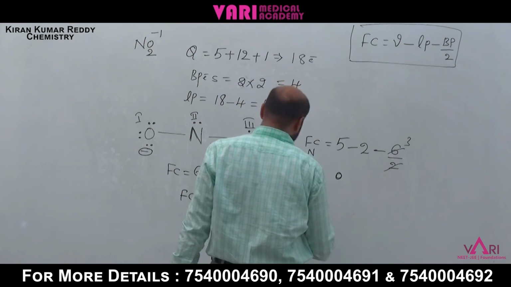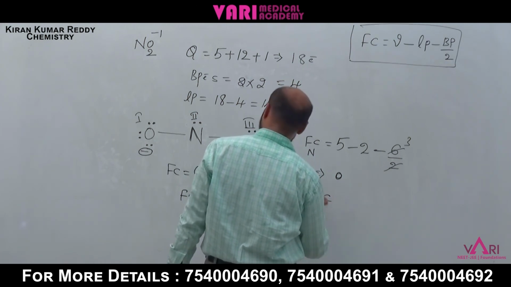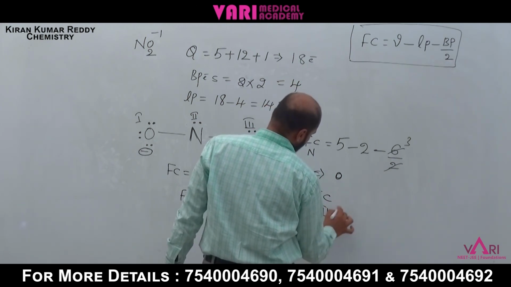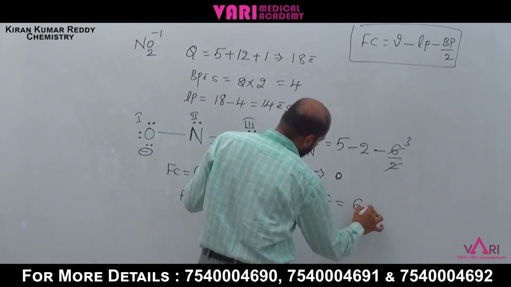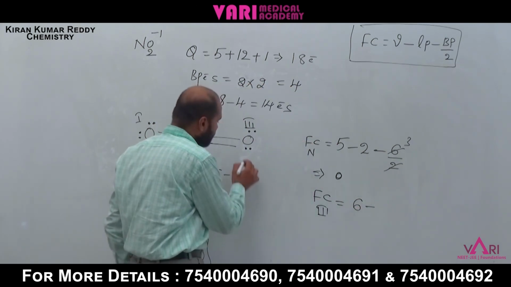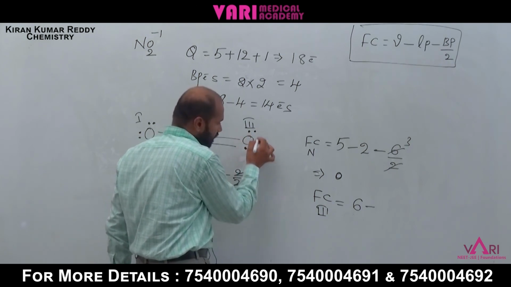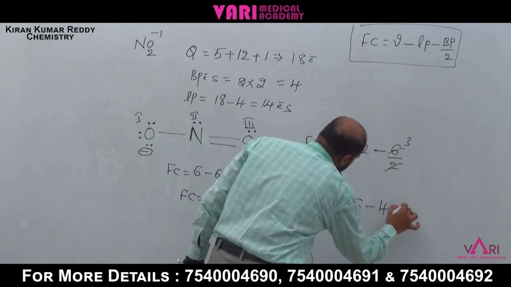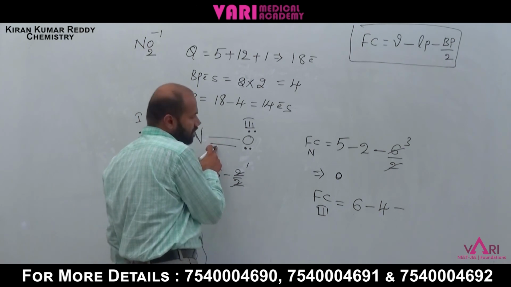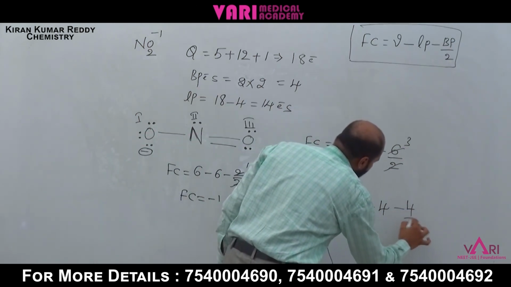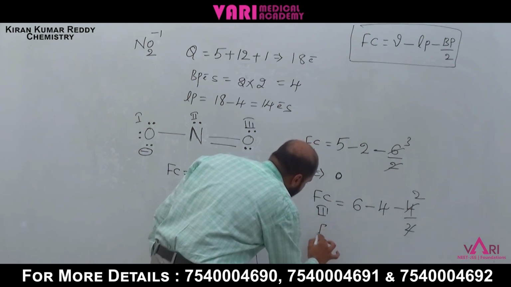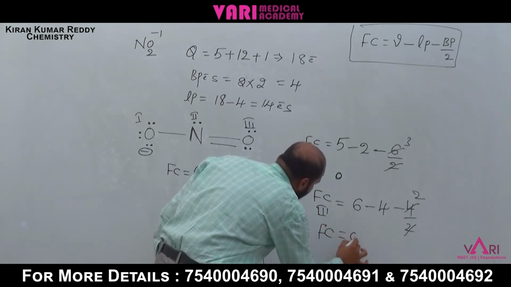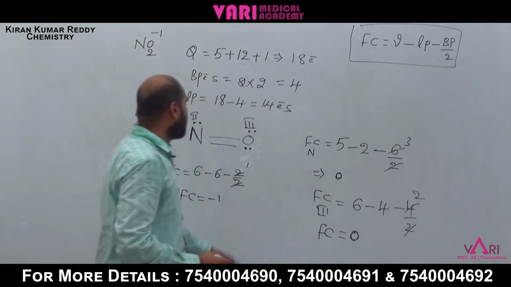Next is the formal charge of the third oxygen atom. It belongs to the 6th group, 6 valency electrons, lone pairs 1 2 3 4, 4 minus bond pairs, 2 into 2 is 4, 4 by 2 is 2. That is 6 minus 6, so the formal charge is 0 on this oxygen atom.